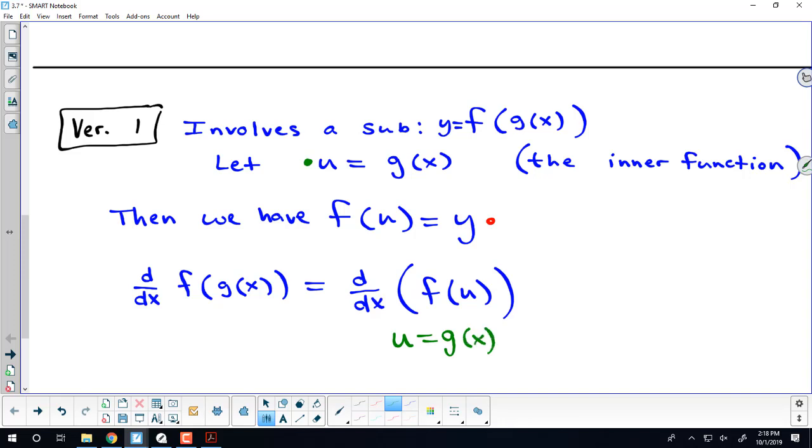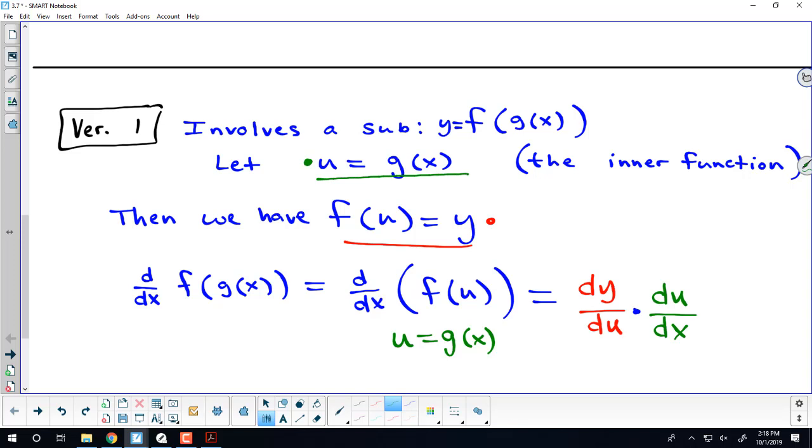So you really have two derivatives to compute. You have to compute the derivative of y with respect to u from this function here, because y is a function of u. And then you have to multiply that by the derivative of u with respect to x, because u is a function of x.